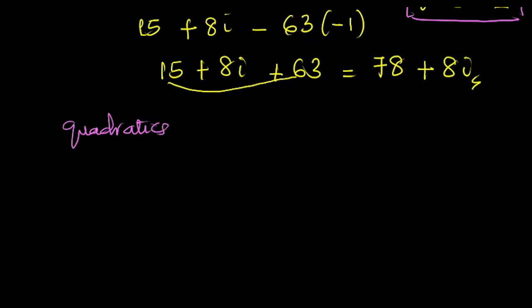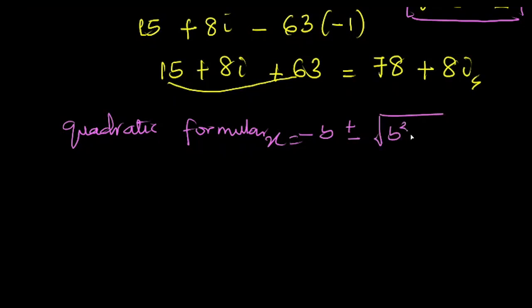Remember our quadratic formula. What does our quadratic formula say? x is equal to minus b plus or minus the square root of b squared minus 4ac, all over 2a.